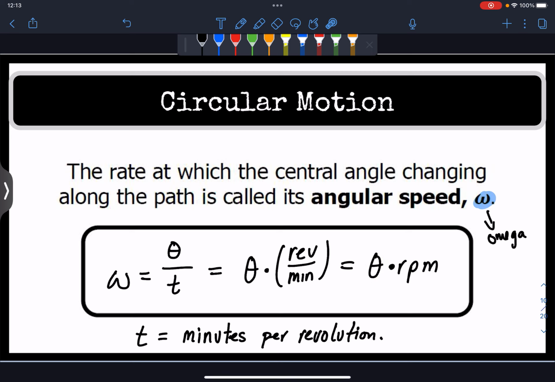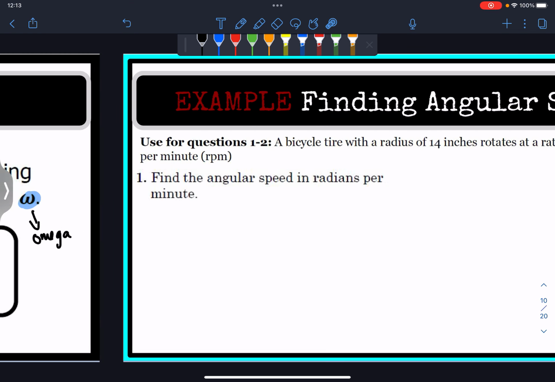And the cool thing about this is that because we're making a complete circle here, our central angle is going to be 2 pi radians. Because again, 360 degrees in terms of radians is 2 pi. So for example, let's look at this example right here.